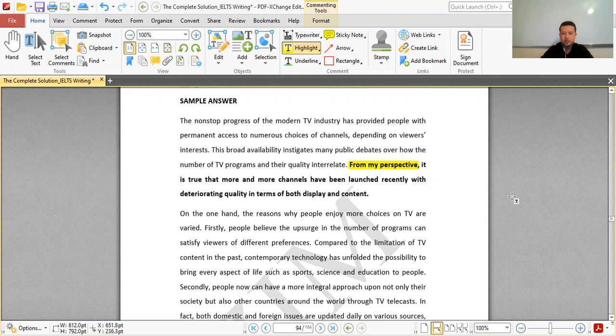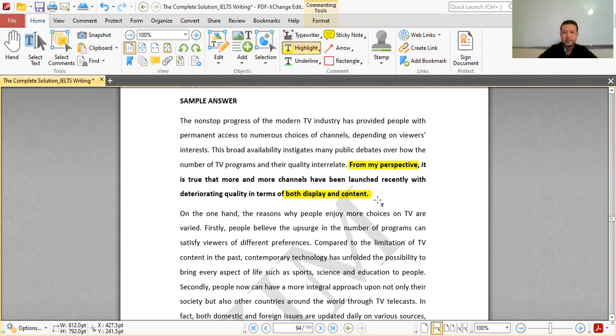So it's true that more and more channels have been launched recently with deteriorating quality in terms of both display and content, guys. Here, guys, you have to give the topic sentence and what kind of issues or what kind of aspects you want to explain in the body paragraph, which is very crucial and very important for a band 7+ structure.